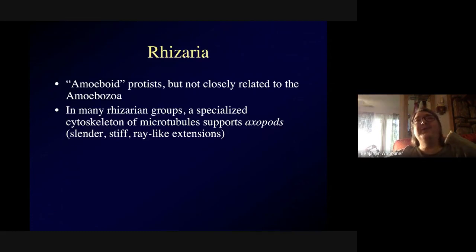And because they've got these microtubule bundles in them, the pseudopodia are a lot firmer and much more permanent and held in place by this internal support. And when we have this, we call these axopods.